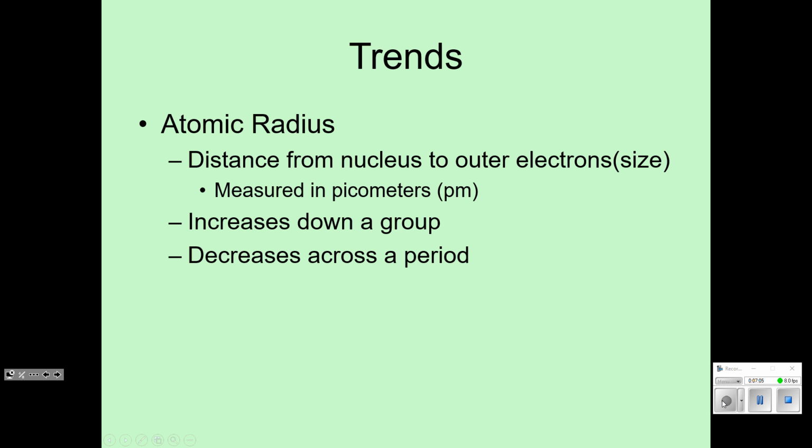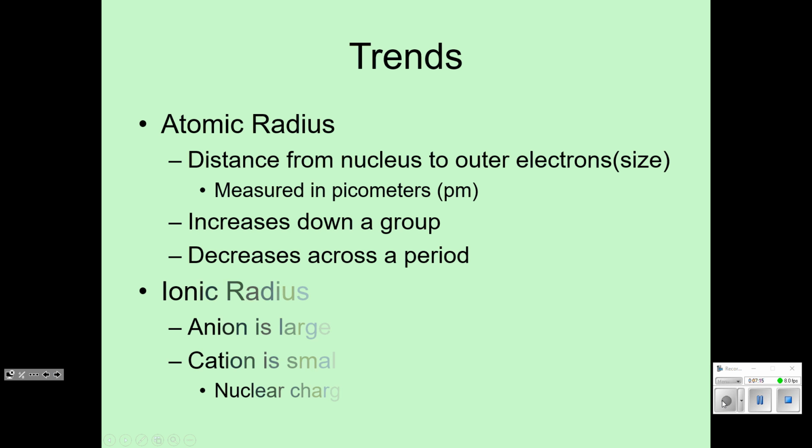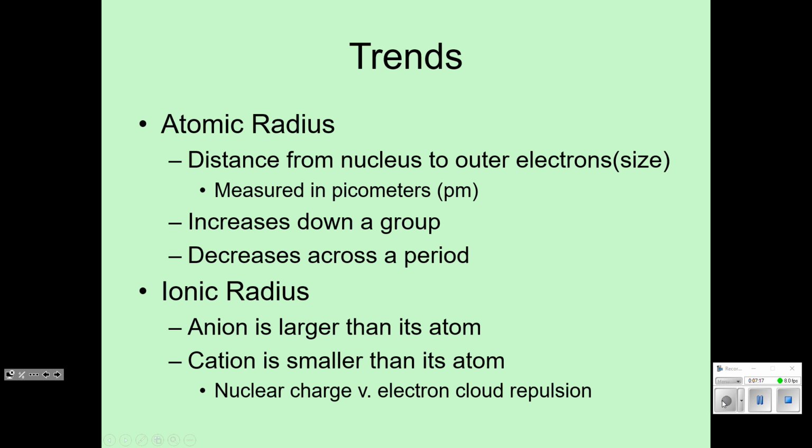So in Chem 1 we focus on atomic radius first because big things are easier for them to lose, and smaller things are easier for them to gain. Now one thing we didn't focus on as much in Chem 1, and it was one of those things listed for our goal sheet today, was ionic radius. In other words, after you've gained or lost an electron, are you bigger or smaller?